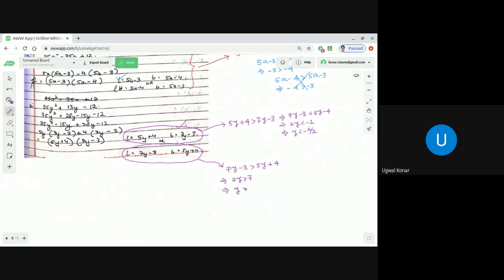That implies y is greater than 7 by 2. My digital pen sometimes doesn't work properly. So when y is greater than 7 by 2, this is the case. Got it?